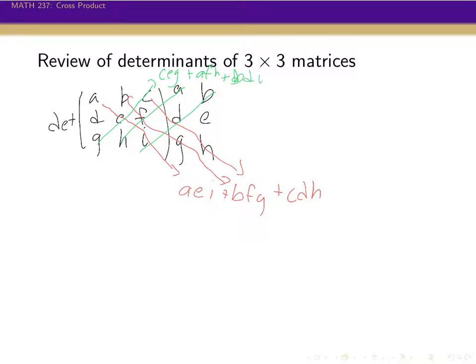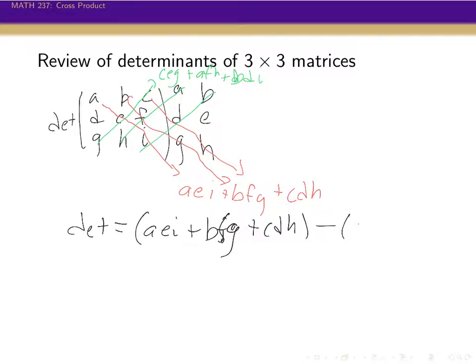And so you get these two sums, one from going downwards, one from going upwards. And then the determinant is the downward sums, AEI plus BFG plus CDH, minus these upward sums, CEG plus AFH plus BDI.